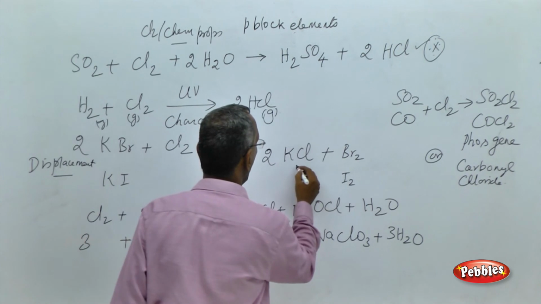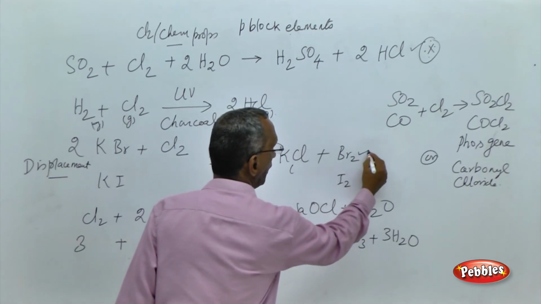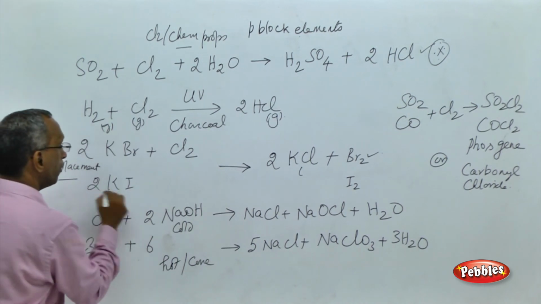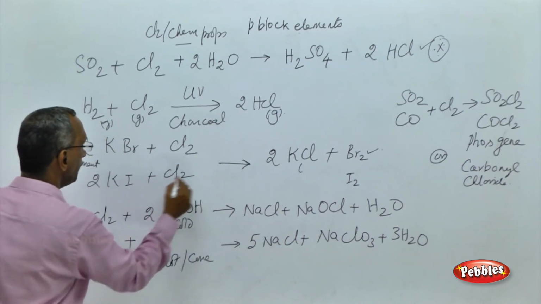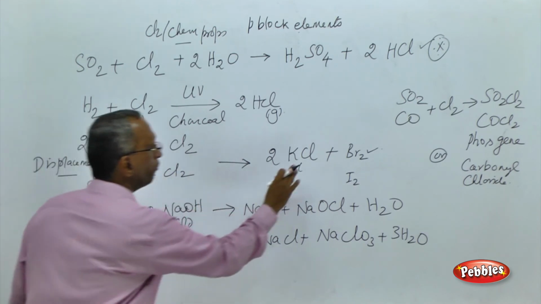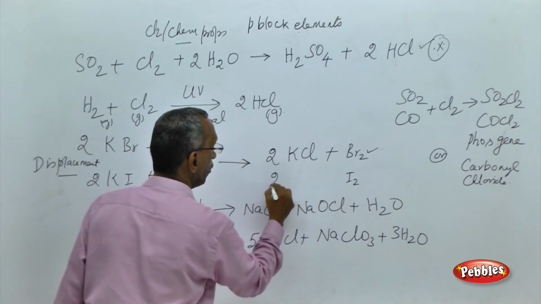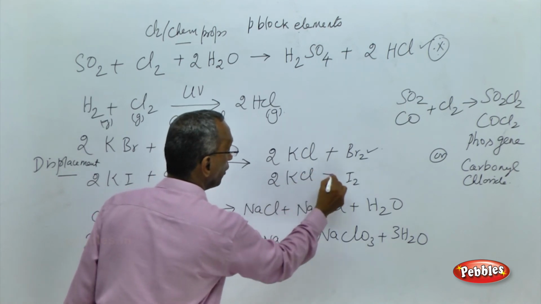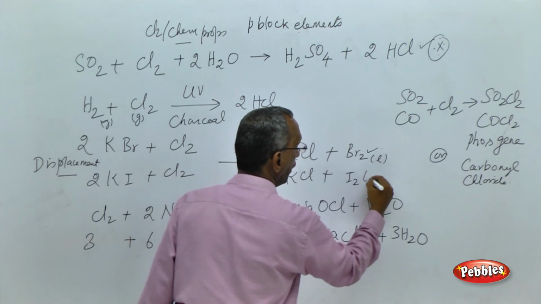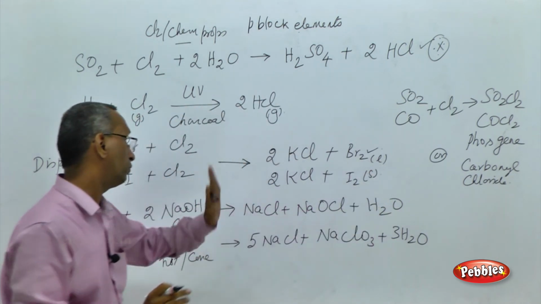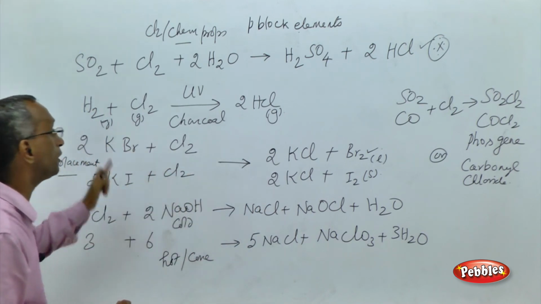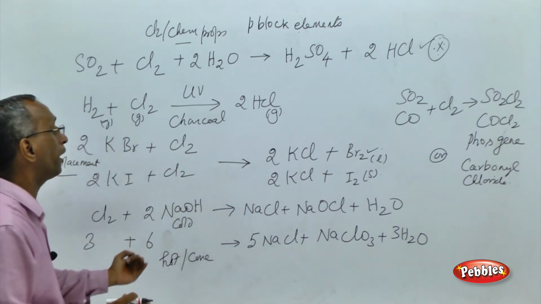So it forms potassium chloride, which goes into solution, and bromine is separated, displaced. Similarly, chlorine displaces iodine from its salt. Here also it forms potassium chloride and iodine. Already we have seen that bromine is a liquid, iodine is a solid. But no question of liquid or solid, it is displacement. So chlorine displaces bromine and iodine.